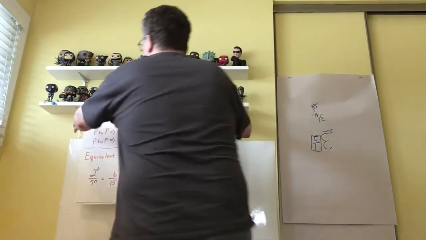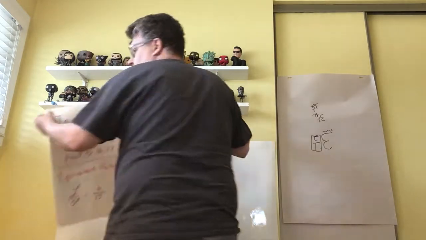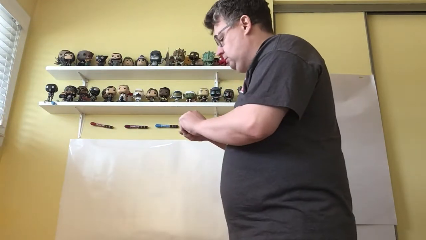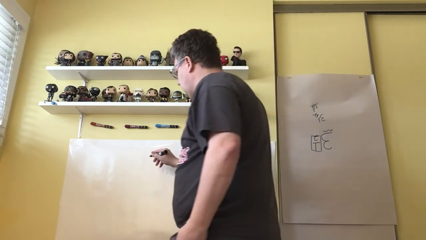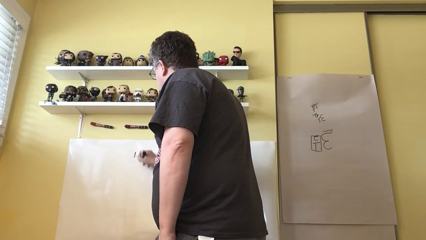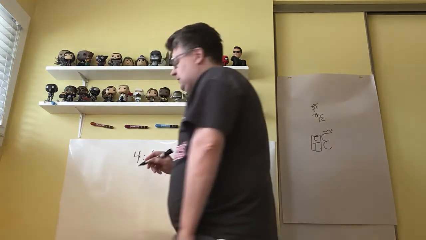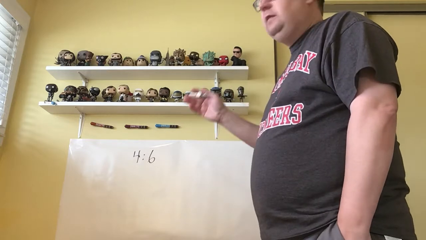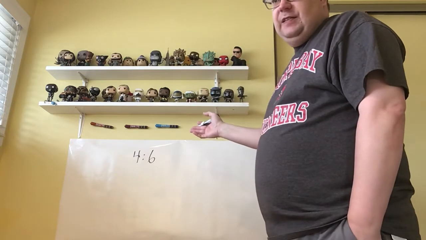So when you are going to be doing your assignment, it may ask you to draw a ratio. Say they want you to do a ratio of 4 to 6. Okay, you can do any kind of stuff to get 4 to 6.